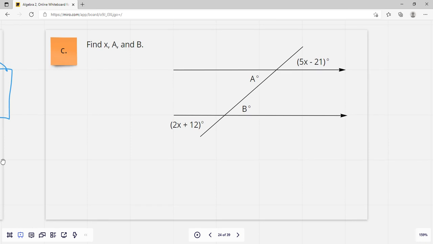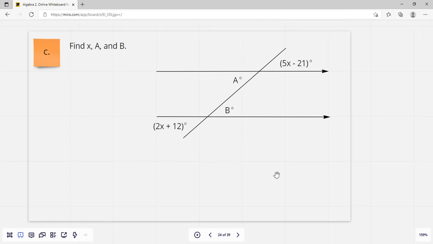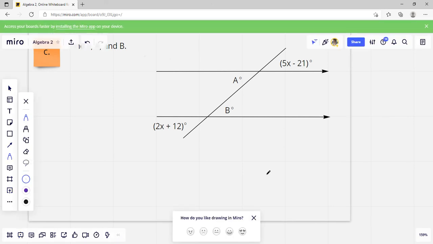Alright, C. Okay, this last one, and we have to find X, A, and B. Alright, so we have small angle and a small angle. Okay.